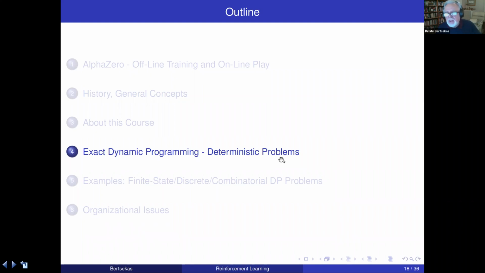That's why they start with transition probabilities, go straight into Markovian decision problems. On the other hand, I think it's important to look at deterministic problems, both because they arise very often in practice, but also because their methodology is a little different than stochastic problems. They can take advantage of this determinism.